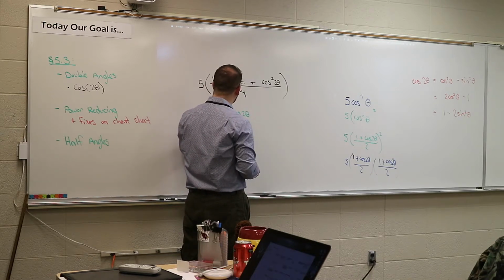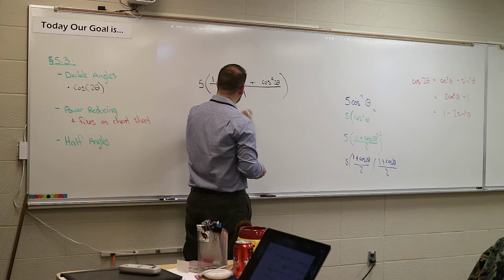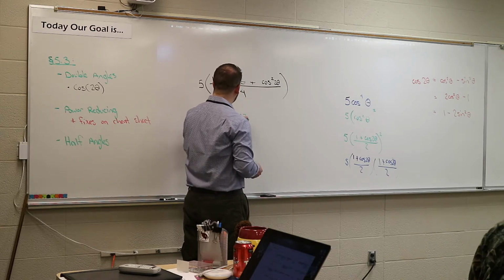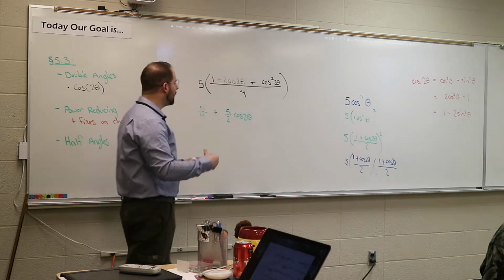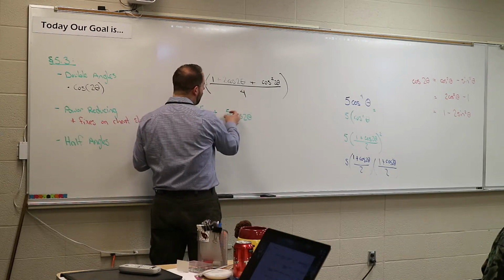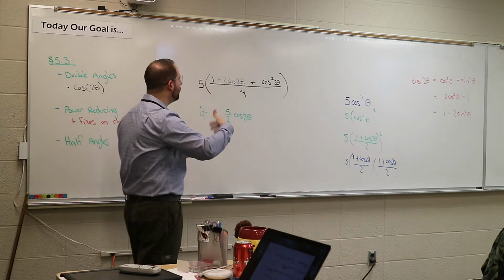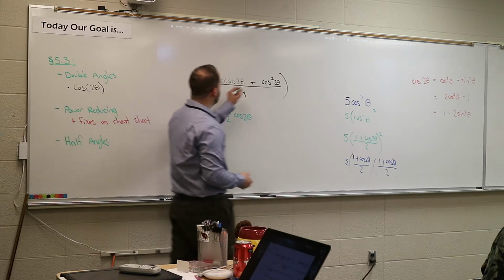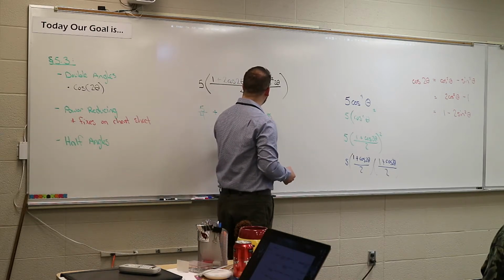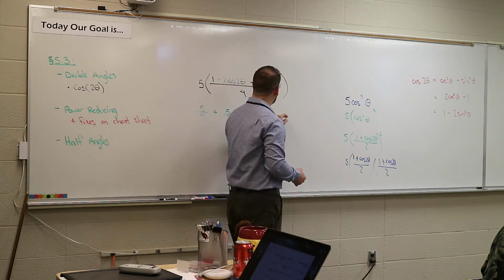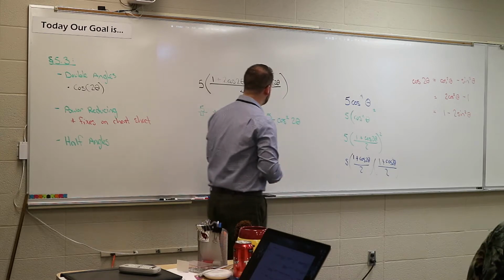Now if you wish, you could write it like this. Some people like to write it where there's a fraction out front. This means the same thing. If you were to multiply the cosine 2 theta on this fraction, it goes to the top. And again, I took 5 times 2 divided by 4. And in the back, I have 5 over 4 cosine squared 2 theta.